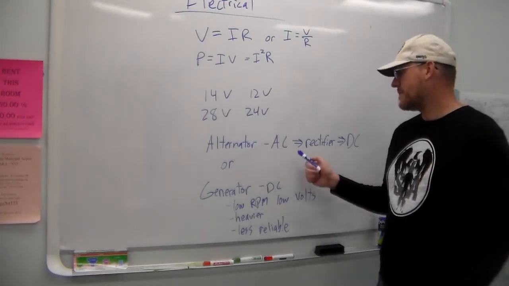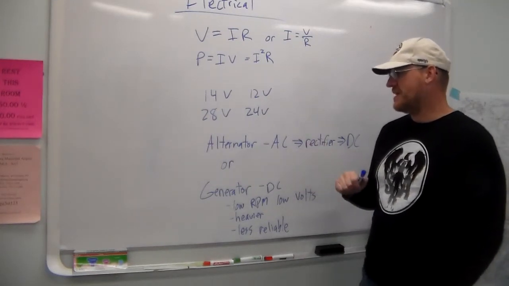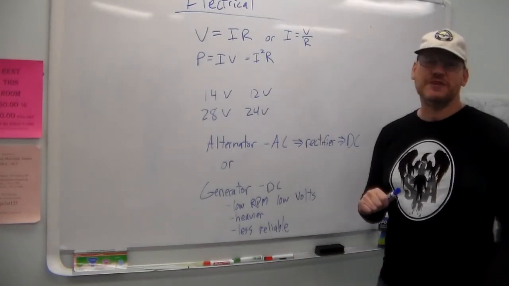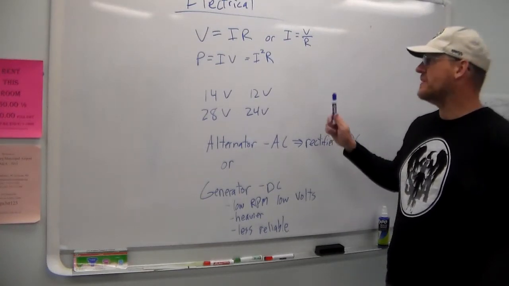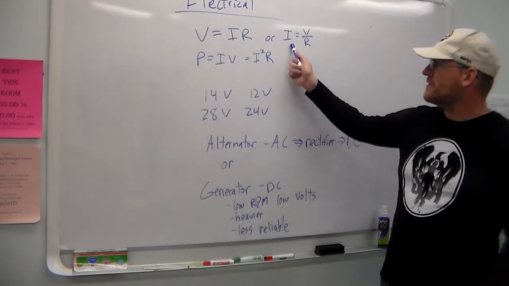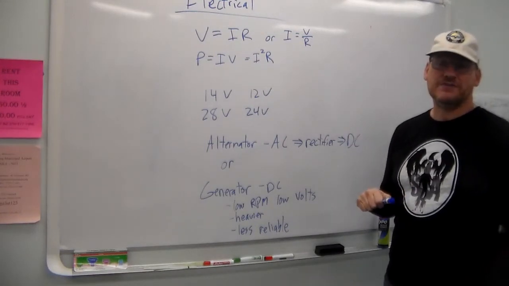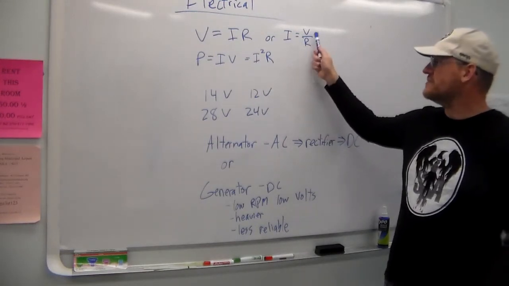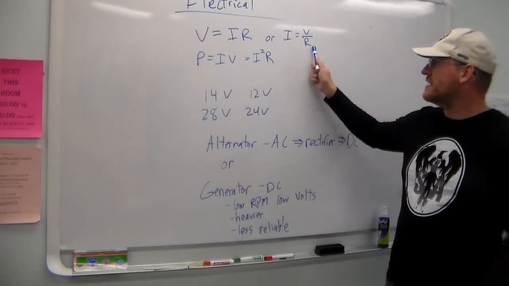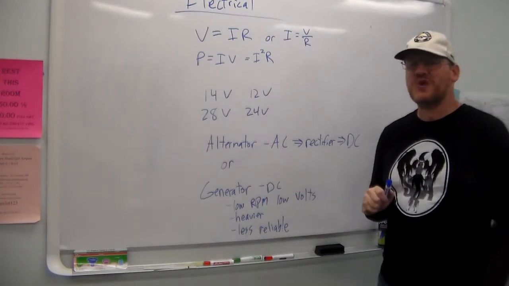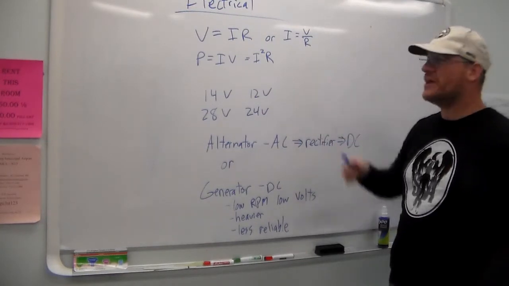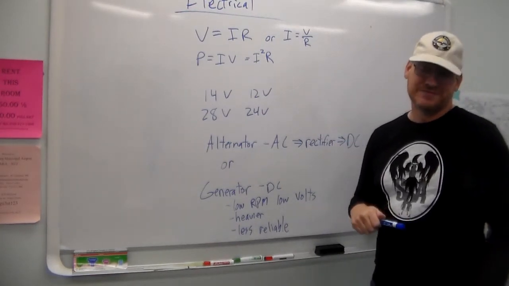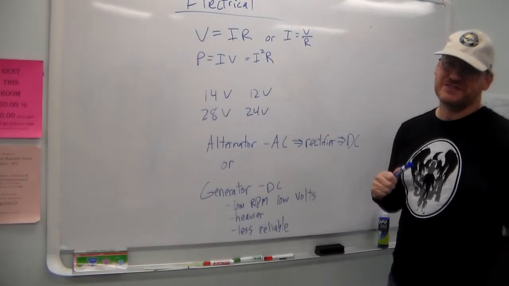Now, what are some advantages of, say, a 28 volt system over a 14 volt system? Well, for the current that I want to run, if I double the voltage, then I can have higher resistance wire, which means smaller wire. Smaller wires are lighter. So that's an advantage.